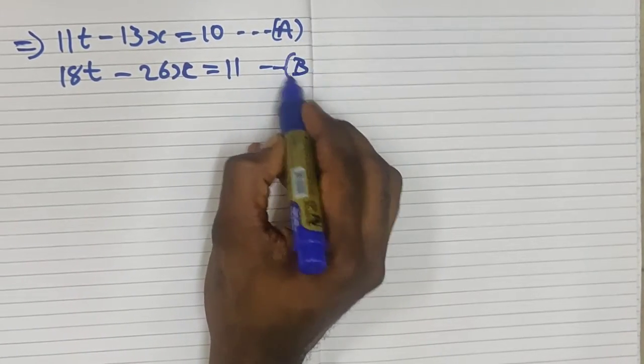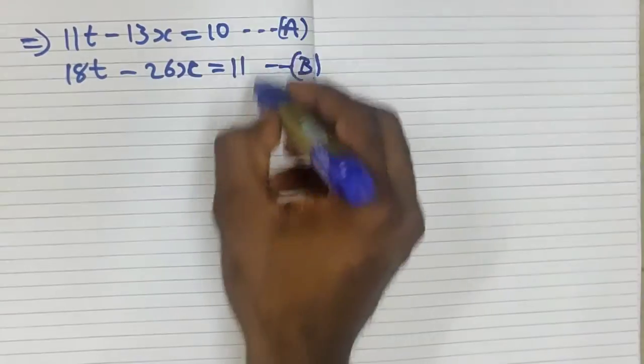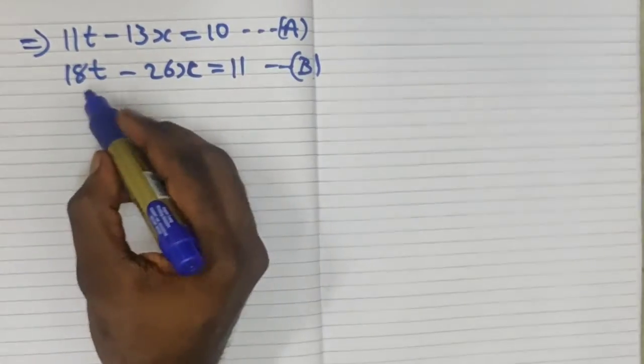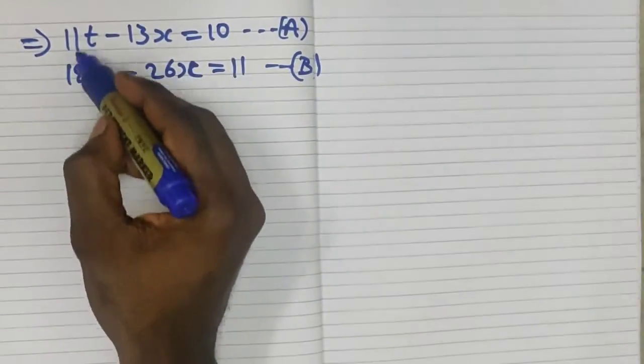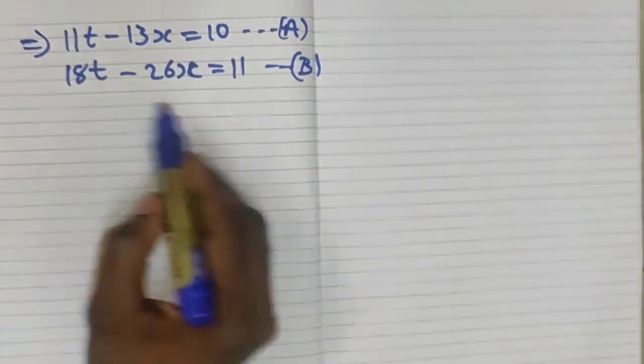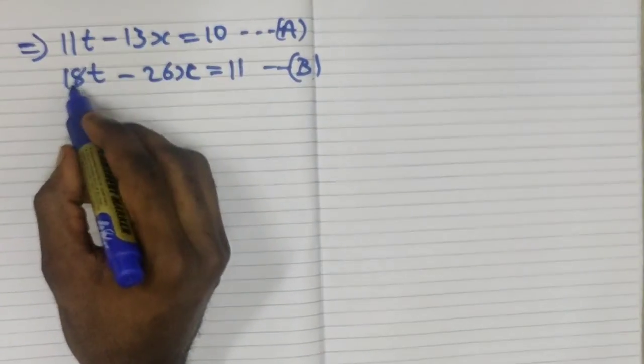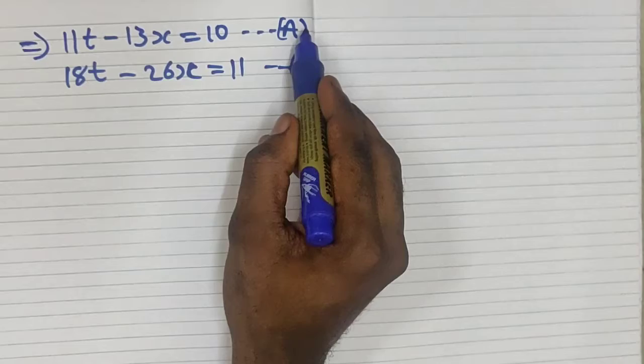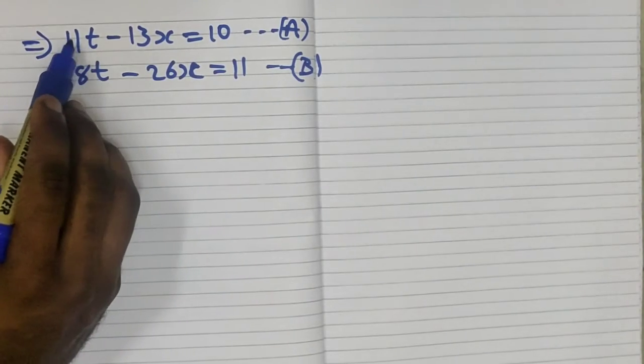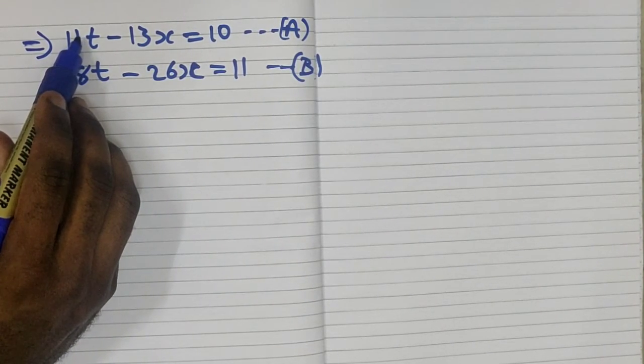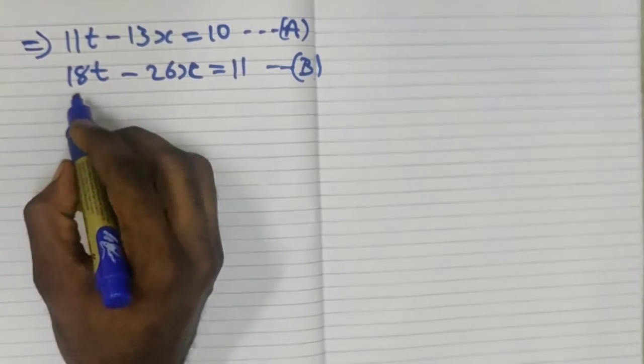Equation B. So we are going to solve these two equations simultaneously. What we do, we exchange the coefficient of t and we multiply. We take the coefficient of t here, we multiply equation A. We take the coefficient of this t here, we multiply by equation B.